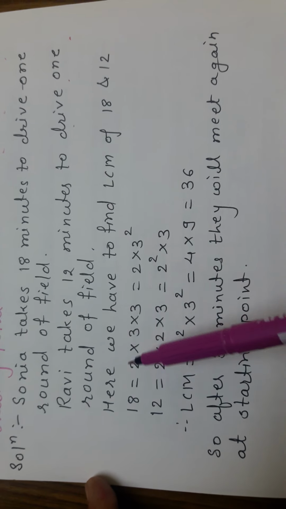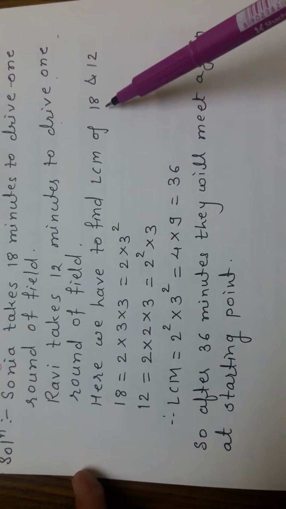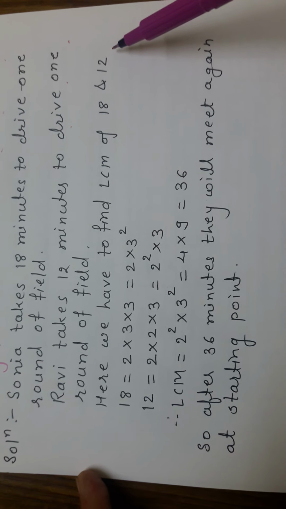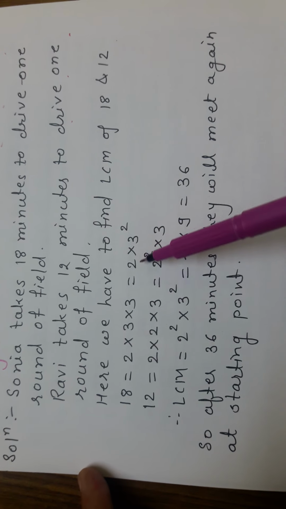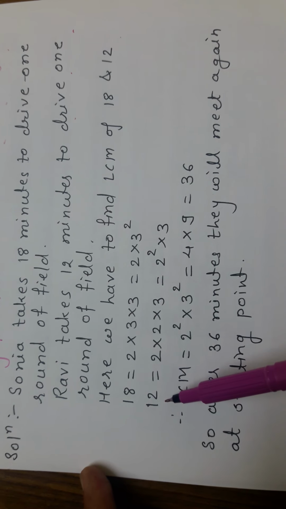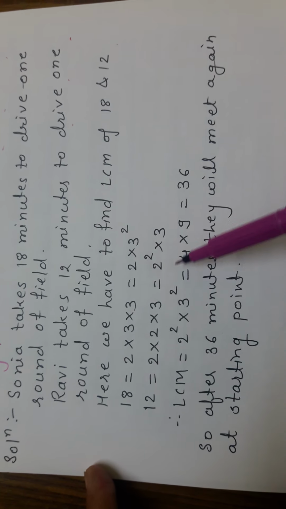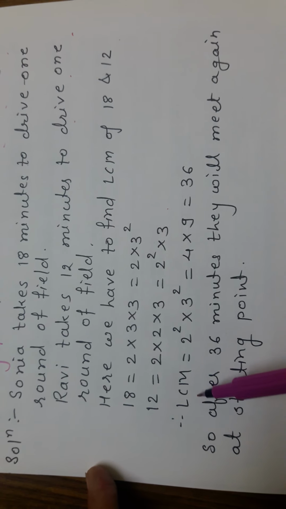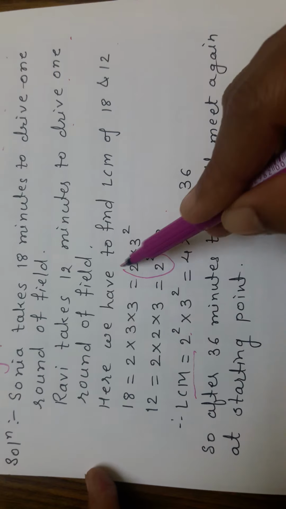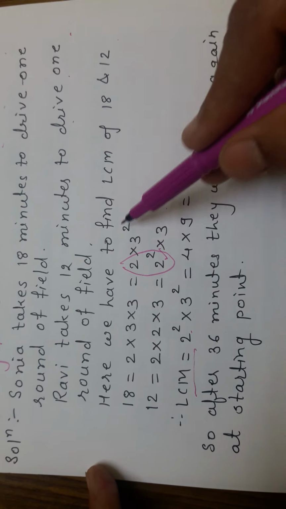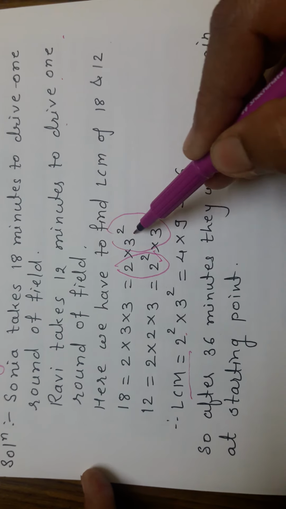Obviously, here we have to find the LCM of 18 and 12. 18's factors are 2 into 3 into 3, that is 2 into 3 square, and the factors of 12 are 2 square into 3. So the LCM is 2 square, the common prime with the highest power, and 3 square, with the highest power.